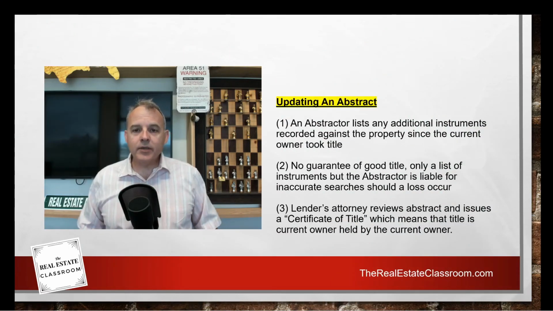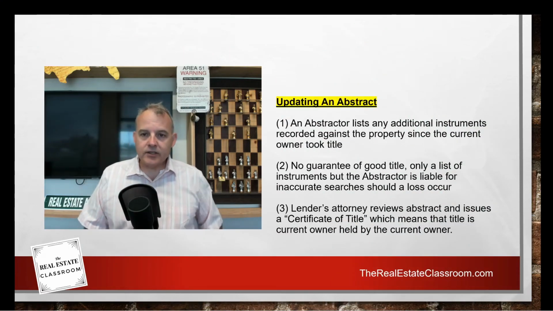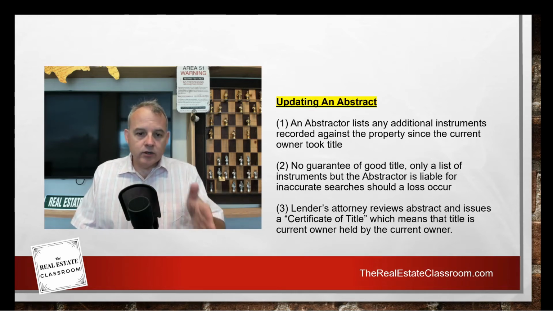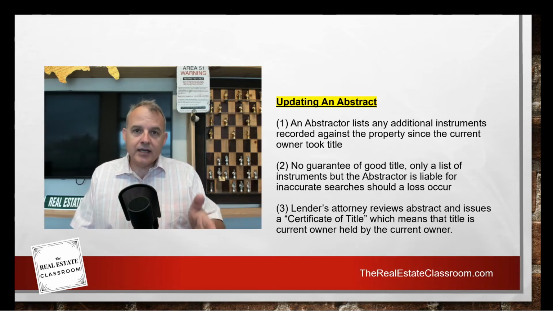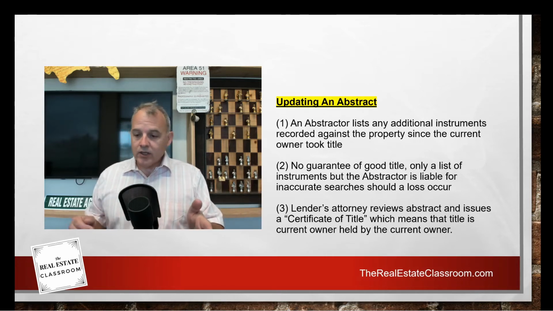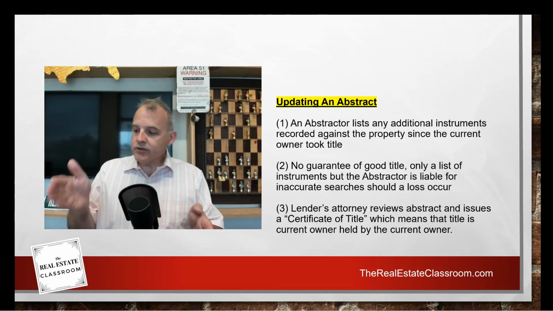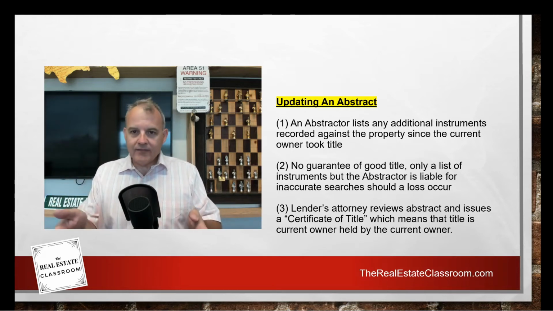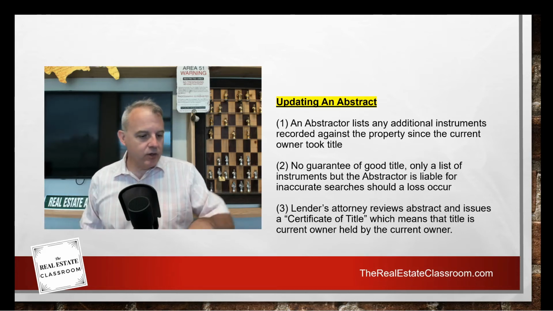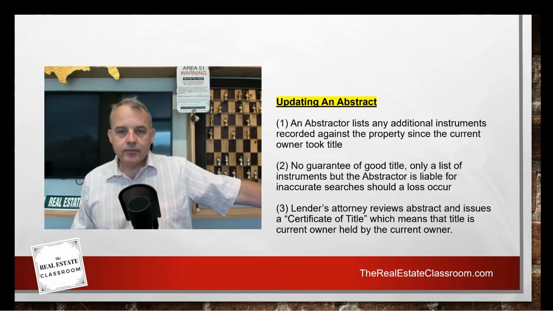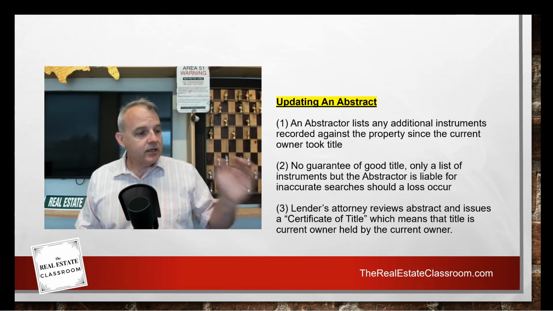All right. Now, what typically happens is the abstract exists because the original owner, the owner that's currently living there, had the abstract brought up to date as of the day of their closing. So let's say that this owner owned it for 10 years. They're selling it to me. I'm going to have an abstract done. And what we're going to do is called updating the abstract. There's no need to go all the way back to the beginning of the land patent because that's already been done.